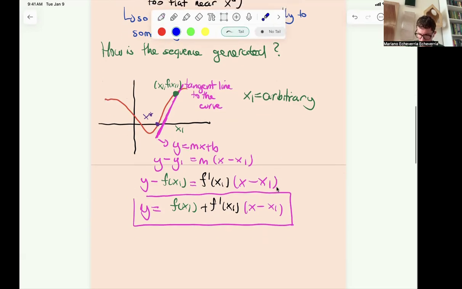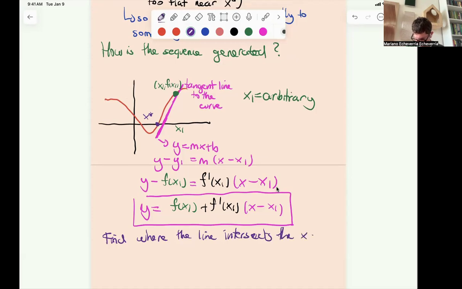You want to find where the line intersects the x-axis, and that becomes the second point in the iteration, x2. x2 is going to be precisely this point where the line crosses the x-axis.